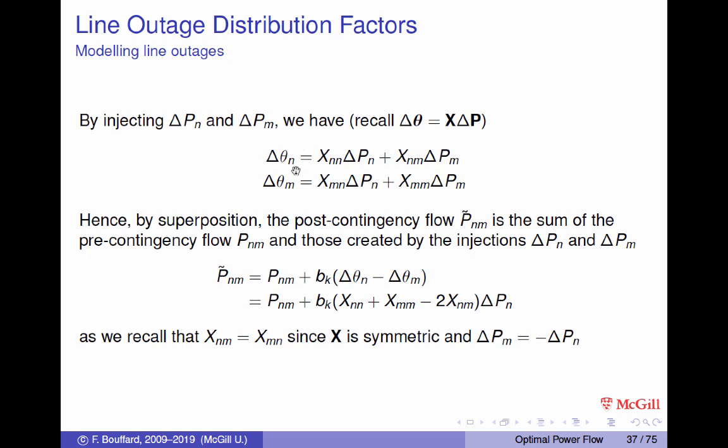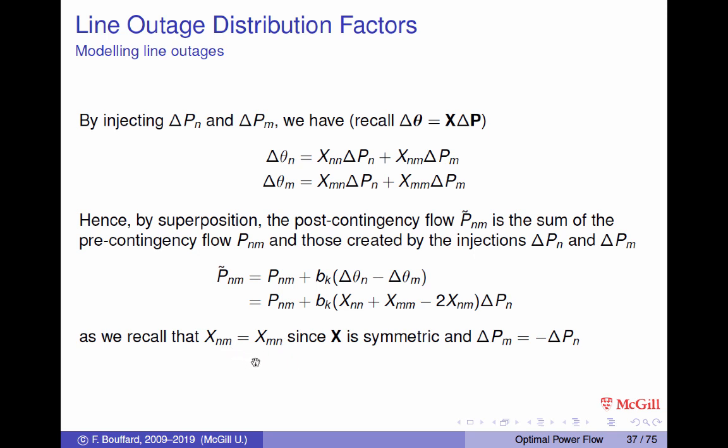So delta theta N, the change in the angle at node N, and the change in the angle at node M can be found by multiplying X by delta P. So the post-contingency flow will be the sum of whatever was flowing before plus whatever we are creating by having those virtual injections, delta PN and delta PM. So here we have Bk times the change in angles. We're just basically plugging in what these are over here.